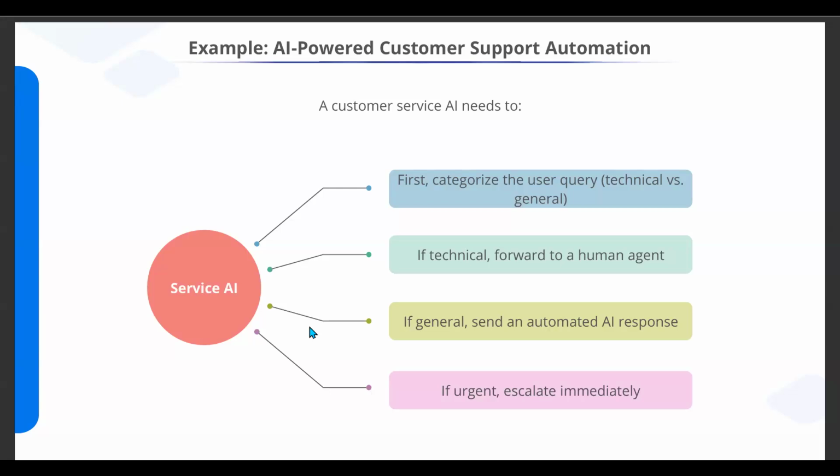So companies have introduced AI-powered customer support systems, but AI cannot treat every query the same way. Some questions are simple, a few are technical, and a few might be urgent. So the system must analyze the query and decide the correct action.